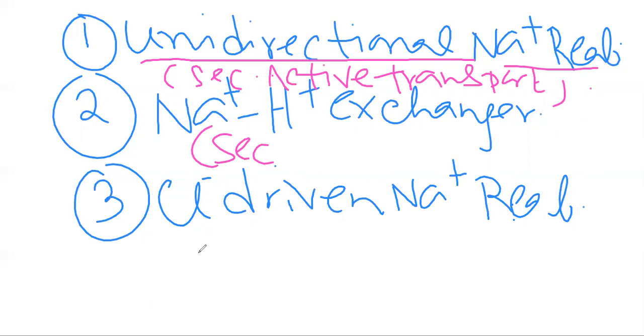So these two ions will move in opposite directions. That's why it is known as exchanger. In exchange of hydrogen ion, sodium ion will be reabsorbed. So it is also an example of the secondary active transport mechanism, for example the sodium hydrogen ion exchanger.